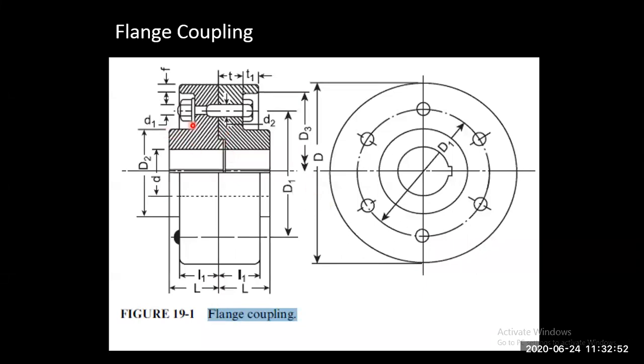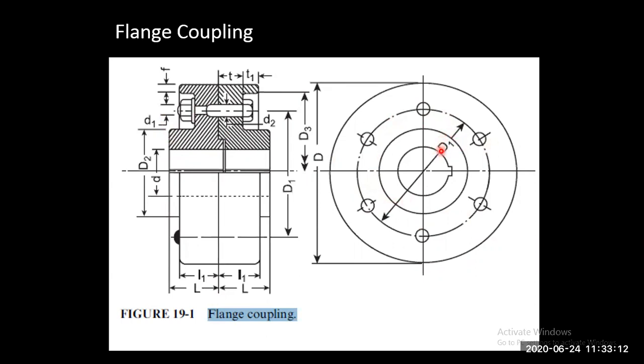What you need to design here is the inner diameter of the flange, the outer diameter of the flange, and how many bolts it has. These are called bolts, and this is the bolt circle. Where you position the bolts is called the bolt circle diameter.